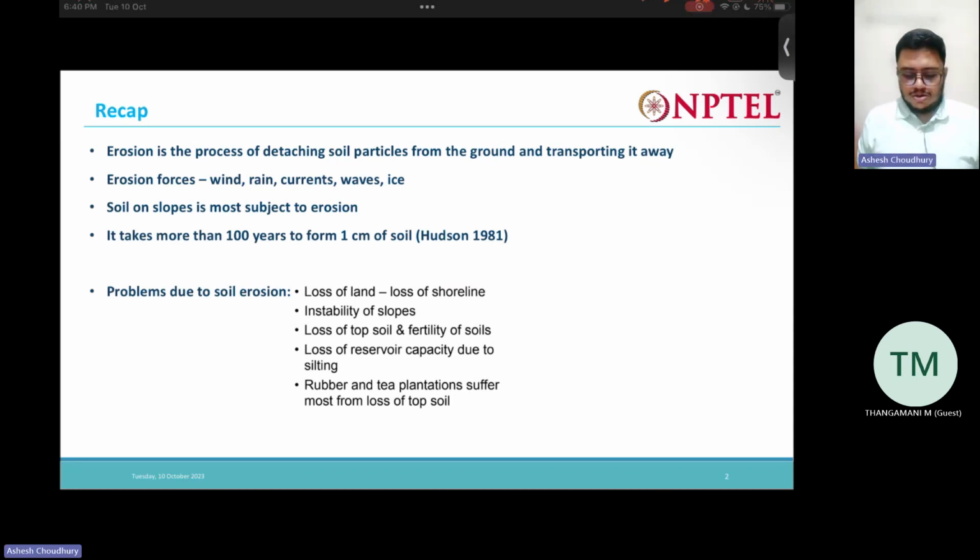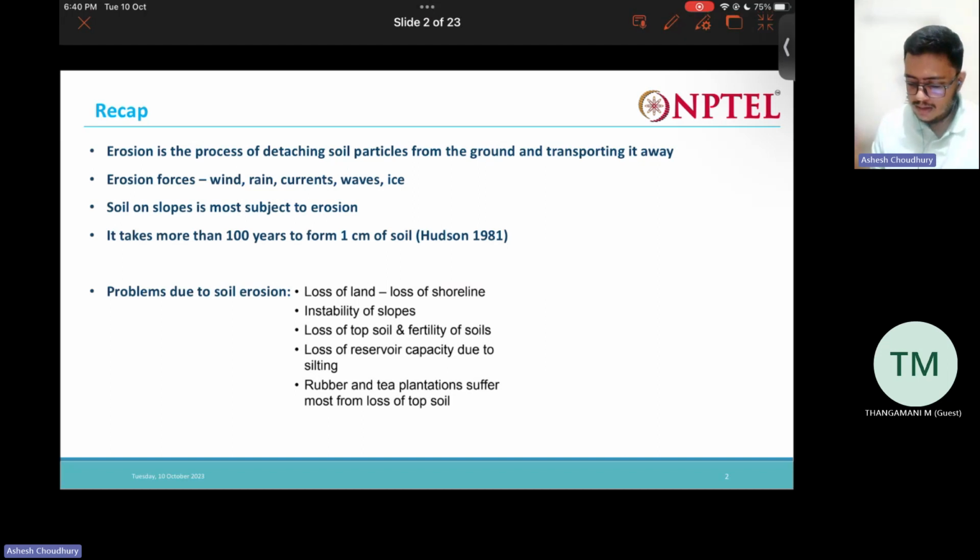So what is erosion? Erosion is nothing but the process of detaching soil particles from the ground and transporting them away. Due to wind, rain, waves, there can be many agents. Due to that, soil particles get detached from their native position and get transported away.